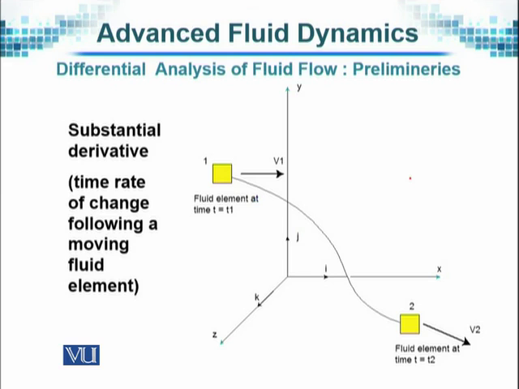So in a three-dimensional situation, which is shown here in the diagram in the XYZ direction, the fluid element and its variation is considered at time t equal to t1 and time t equal to t2.